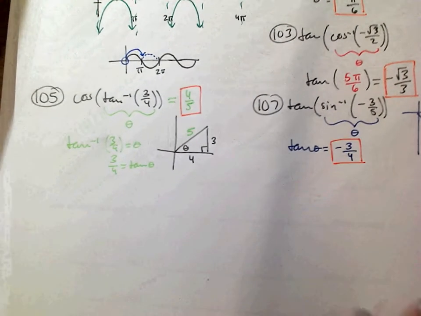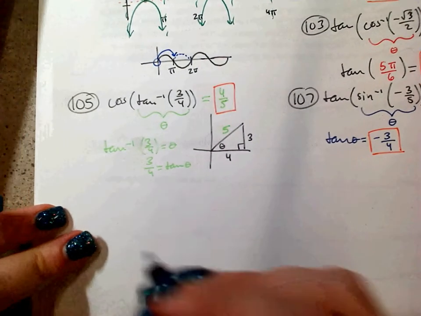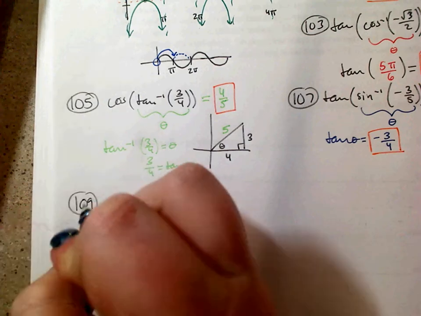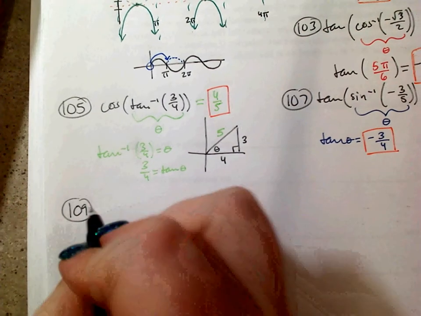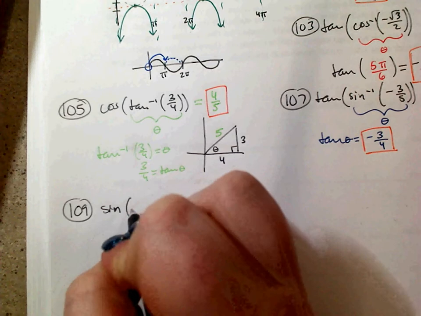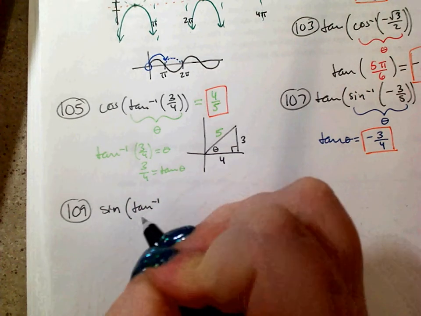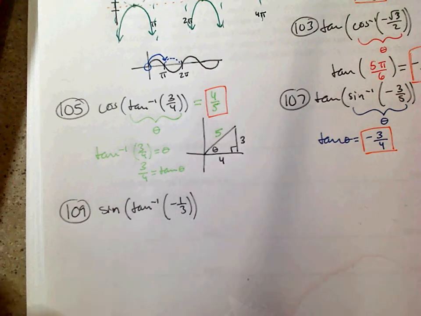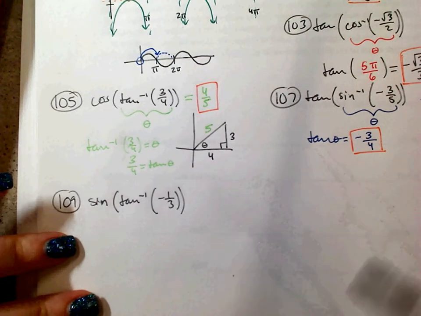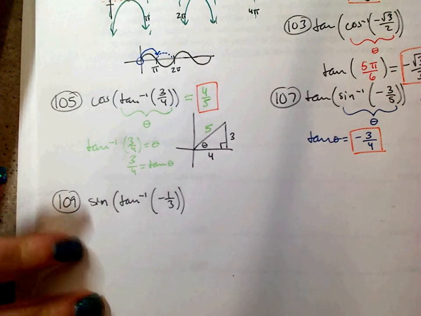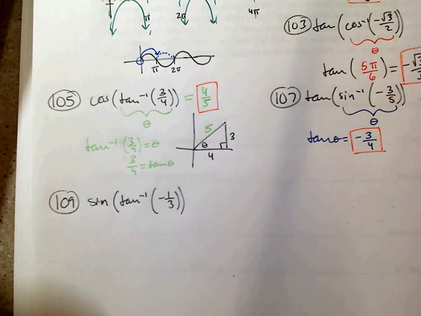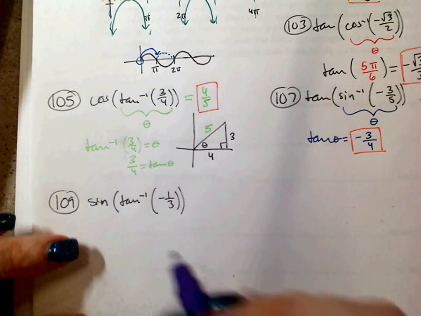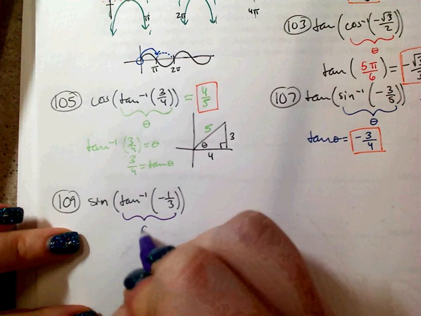So 109. Sine of tan inverse of negative 1/3. Okay, so tan inverse of negative 1/3 is an angle.